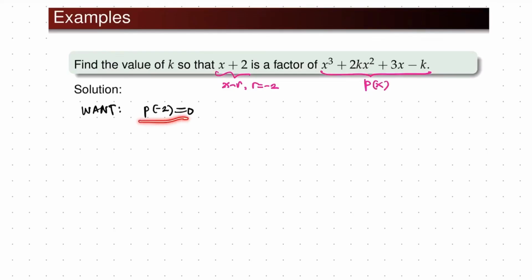Ito yung gusto nating mangyari: p of negative 2 is 0. So, papalitan natin lahat ng x by negative 2 and then equate to 0 yung expression. So, we have negative 2 cubed plus twice k times negative 2 squared plus 3 times negative 2 minus k equal to 0.